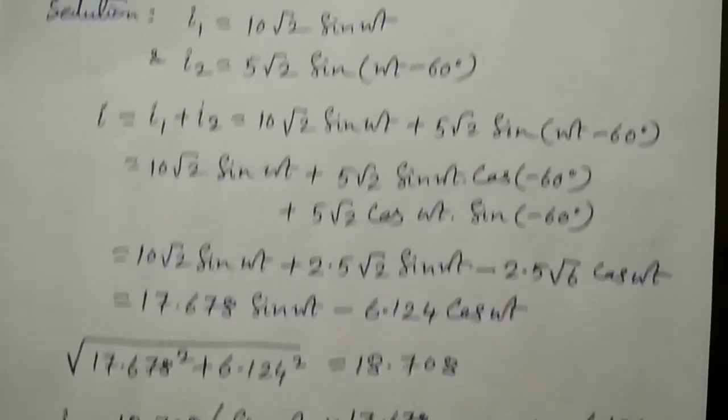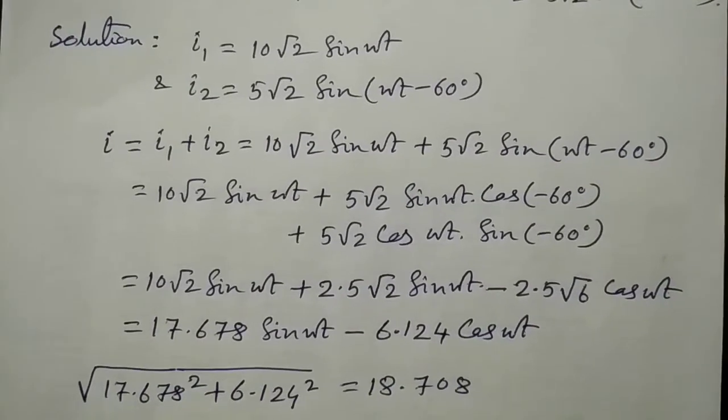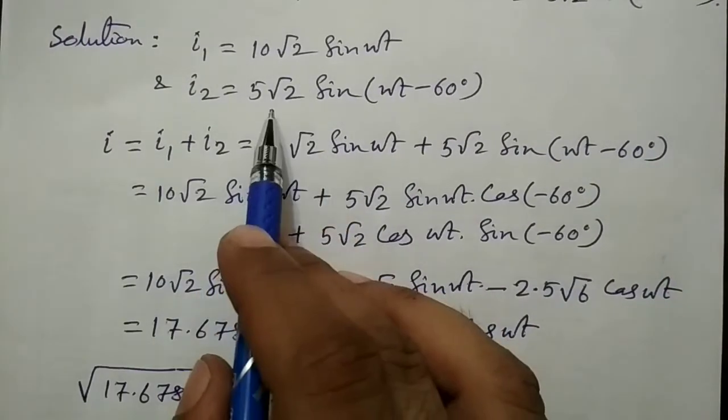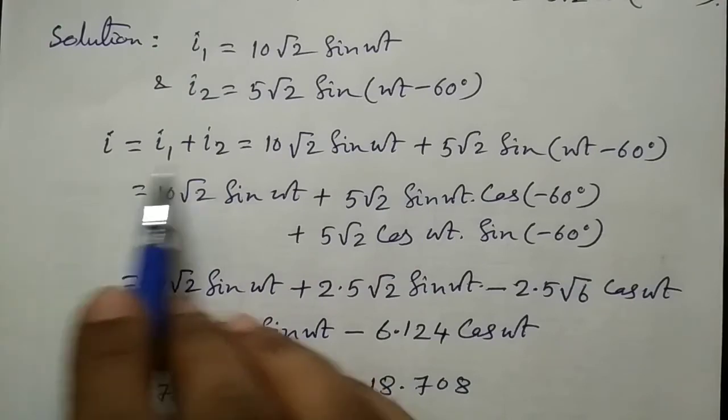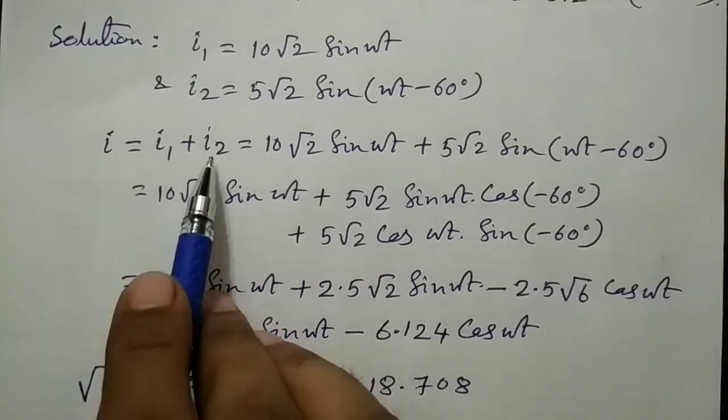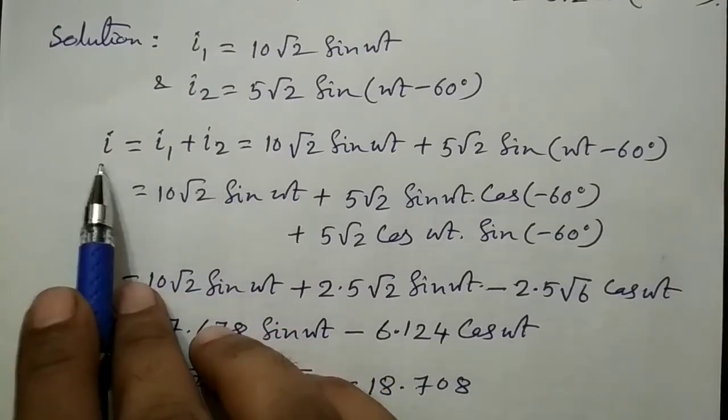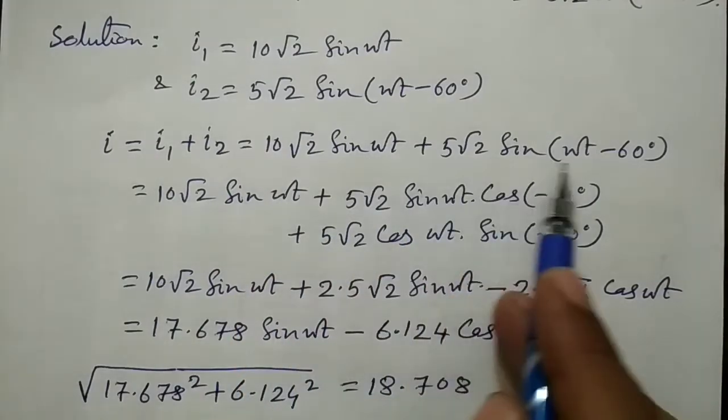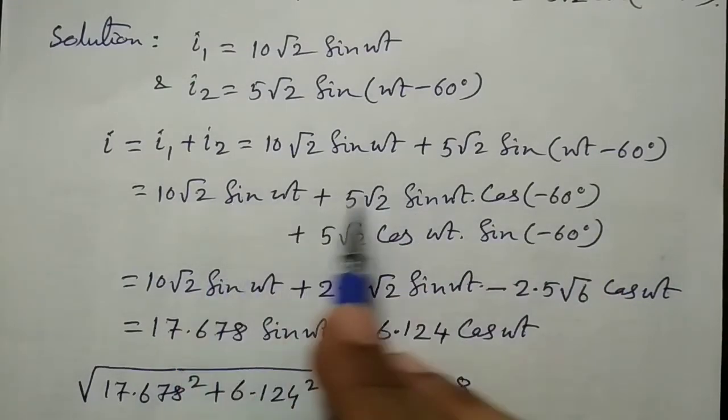If I explain further from the starting, we have two currents I1 and I2. Using trigonometrical identities, we add these two currents and we get the resultant current. So here we write the two currents. Then we simplify the currents.